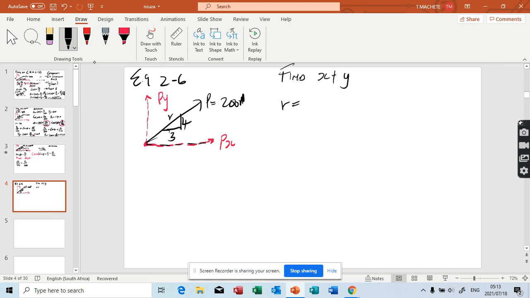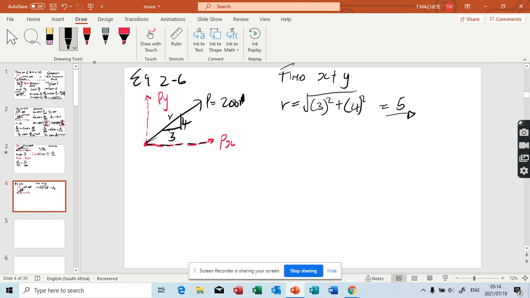This r is root of 3 squared plus 4 squared. It's 9 plus 16, which is 25. Root of 25 is 5.